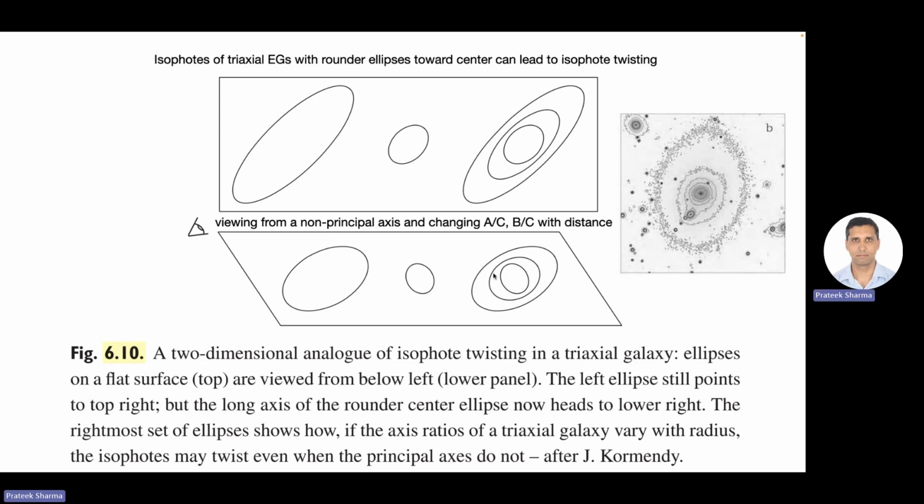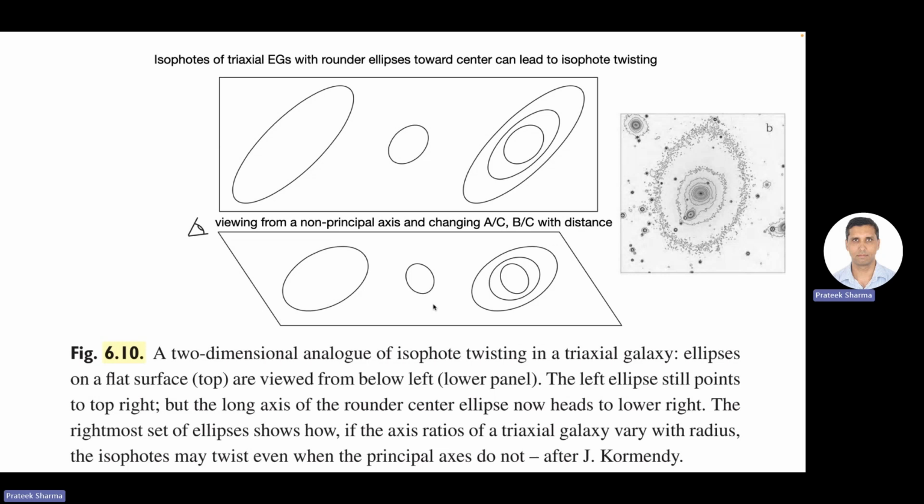this is sort of a cartoon of it. This is a viewing angle, and if you view from this angle, the orientation more or less looks similar. Since this is rounder, depending on this angle, it can actually become oriented in the opposite direction. The important thing is that B by A is a function of distance.